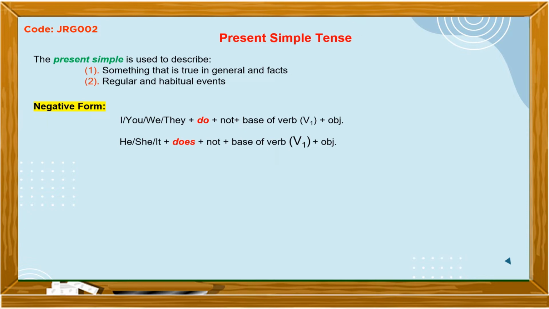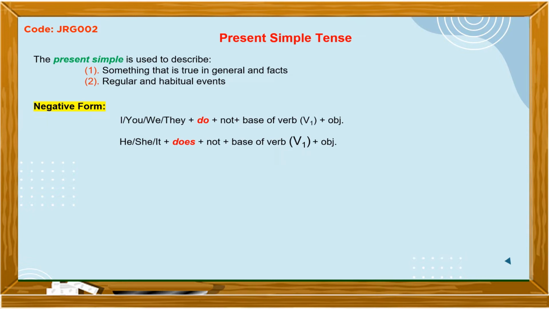So form number one: I use the subject pronoun I, you, we and they, plus do, plus not, plus the base form of the verb, or most of you call it verb 1, and then followed by an object. Okay, and the second form of the negative form: I use the subject pronoun he, she, it, followed by does, followed by not, followed by the base form of the verb, or we call it verb 1, and then followed by an object, everyone.